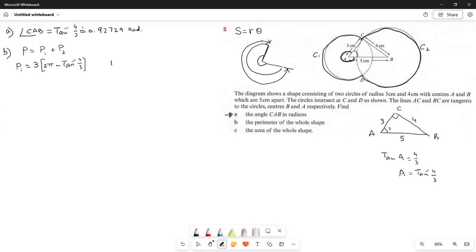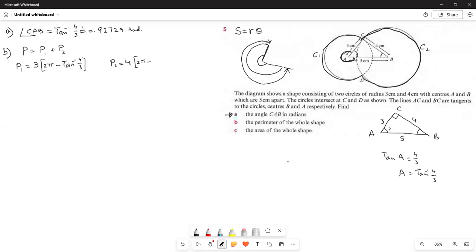In the same way, P2 is going to be not the complete perimeter of C2, but the perimeter which is part of C2. So this radius is 4, and the angle over here is 2 pi minus this angle. And how much is this angle? Let me call it B. So what is this angle B?